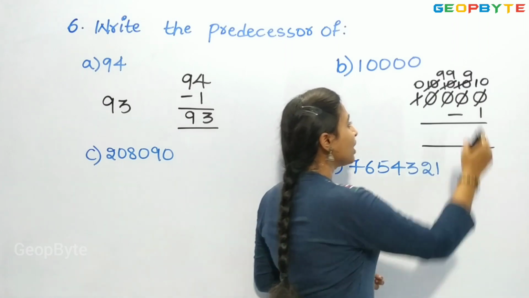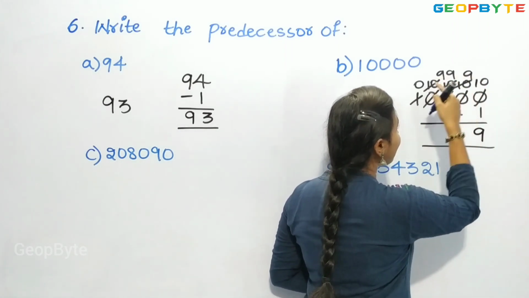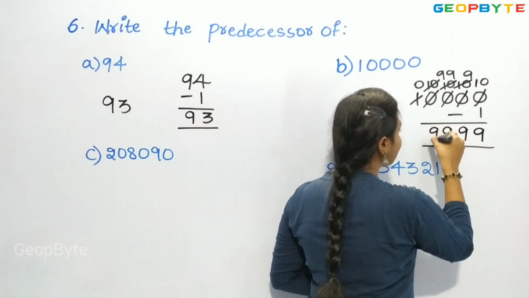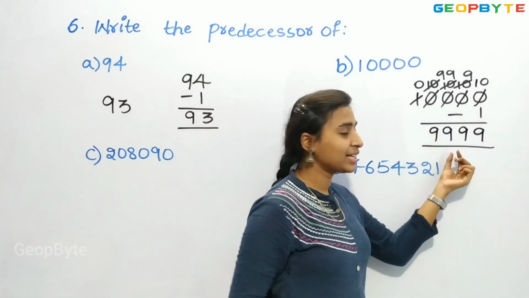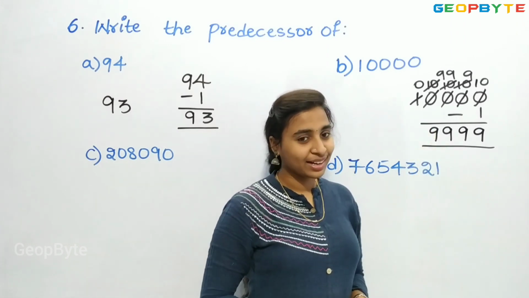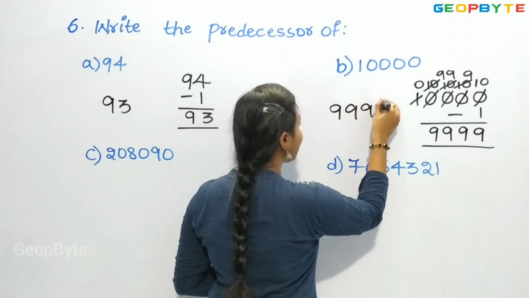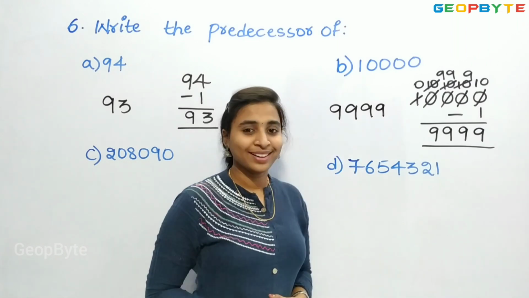Now, 10 minus 1 is 9. And here we have 3 nines. 1, 2, 3. So, we got 9,999. 9,999 will be the predecessor of 10,000.